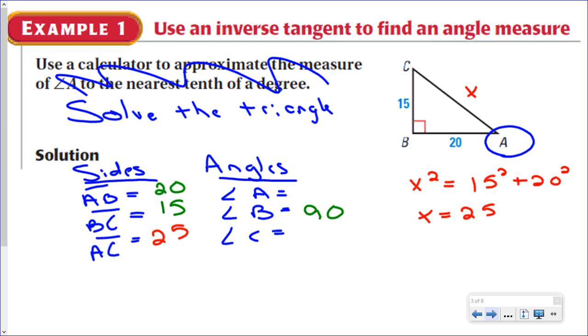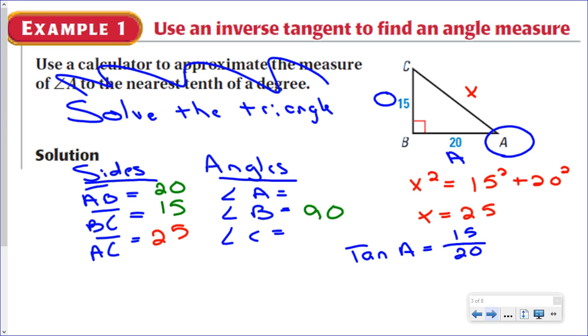I know that 15 is the opposite side. Notice how I'm not using x. I could throw in 25, but right now I'm just going to use 15 and 20. 20 is the adjacent. So I'm going to be using the opposite and the adjacent. That's the tangent function. So tangent of angle A equals a fraction, and that fraction is 15 over 20.